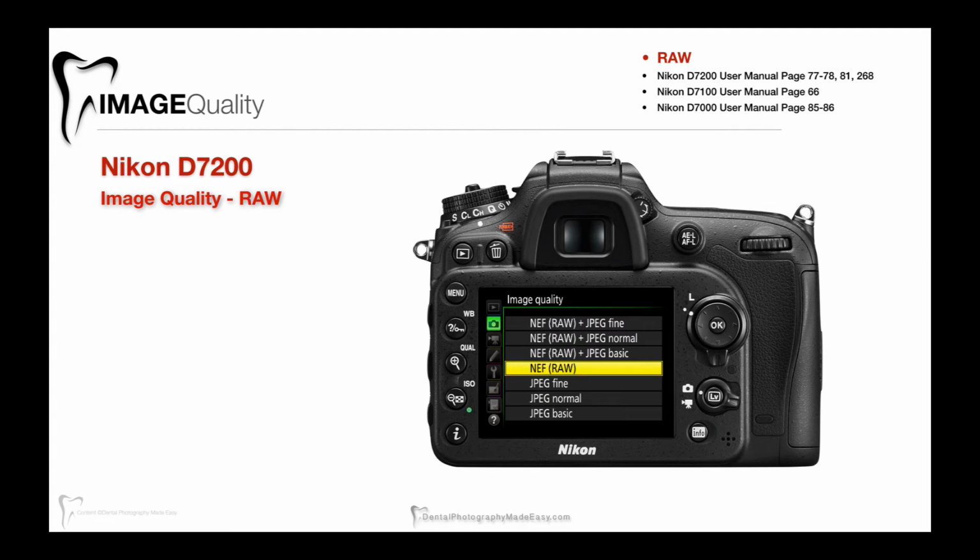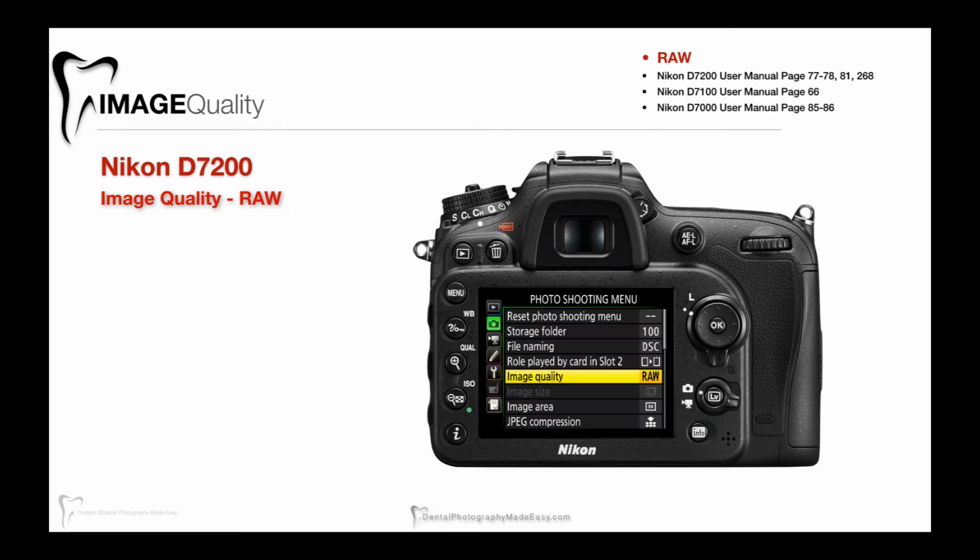Now, we had it set at JPEG Fine before when we set our camera to JPEG mode, but now we want to select NEF RAW. NEF is just the Nikon designation for its RAW files. All the files will have an extension of .NEF when you make them.